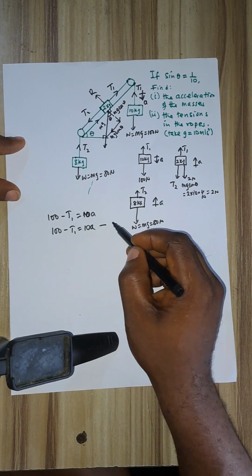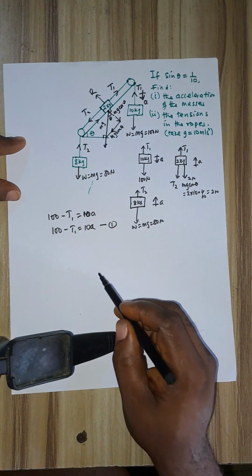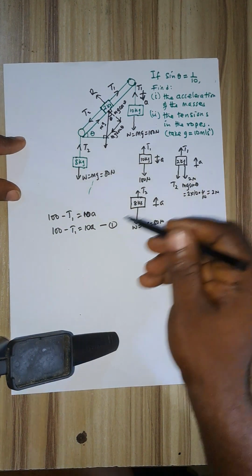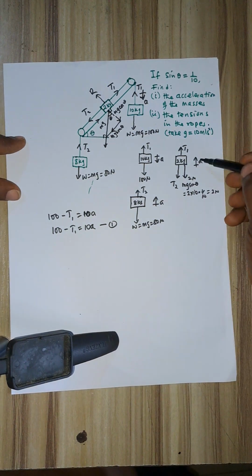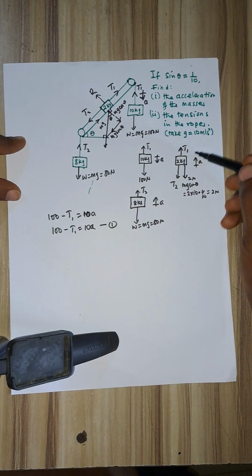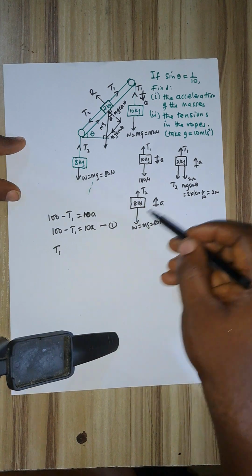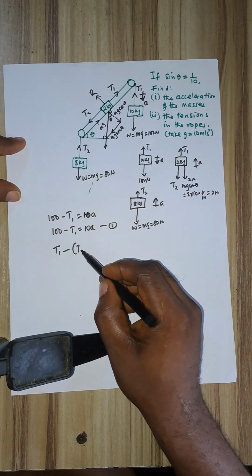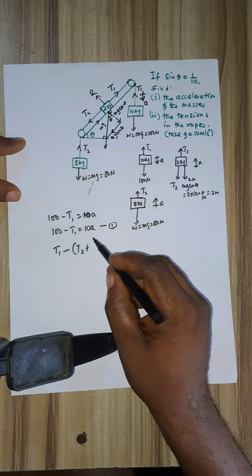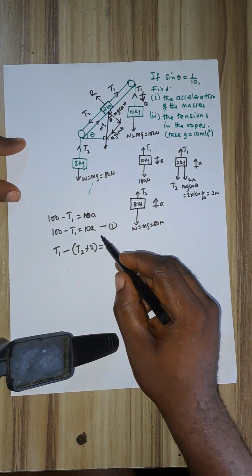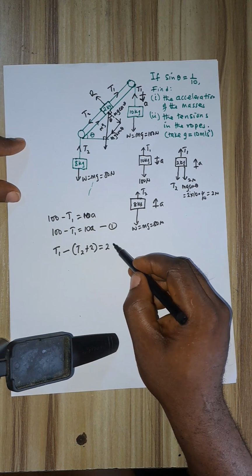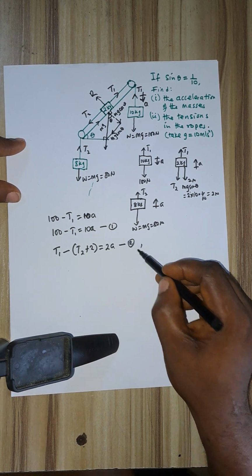That gives us equation 1. Linear acceleration. Now with respect to the 2 kg mass, the direction of motion is in the direction of the tension T1. So the net force is the tension; you subtract these two, T2 plus mg sin theta, which is 2 Newton. That gives us mass times acceleration. The mass is 2, acceleration is a. We call it equation 2.